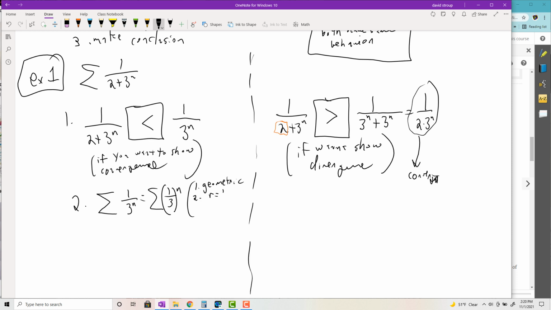The r value equals 1/3, and we talk about absolute values when we talk about geometric, so that's less than 1. And then your conclusion is that it's convergent because of that criteria. So where we have a series on top that is convergent, therefore the series below it is also convergent. So the original series converges.